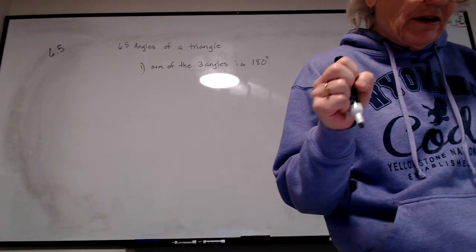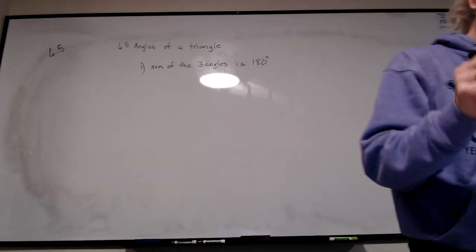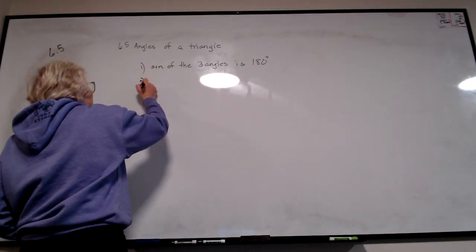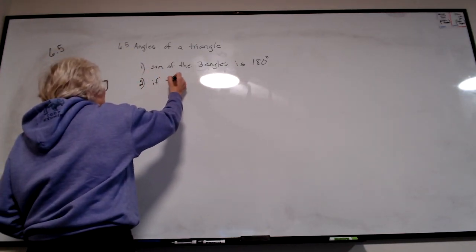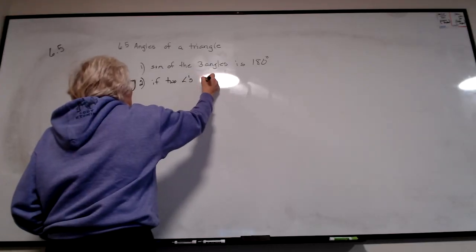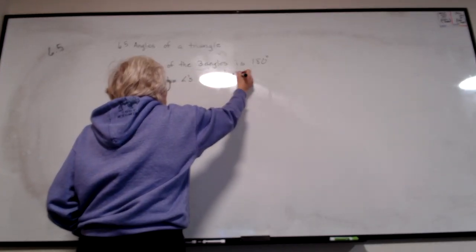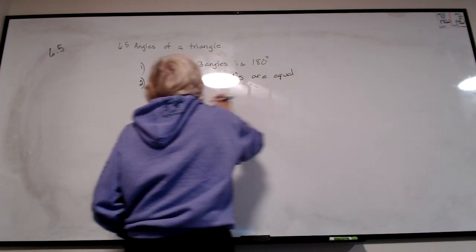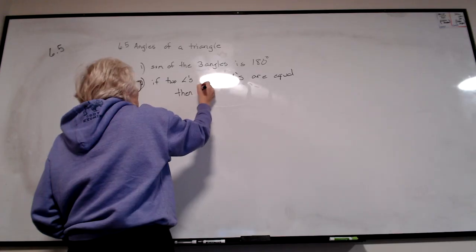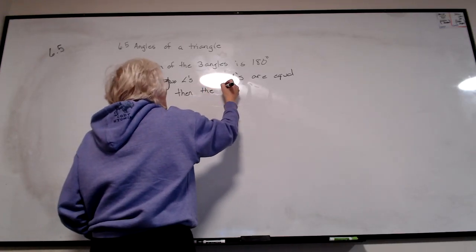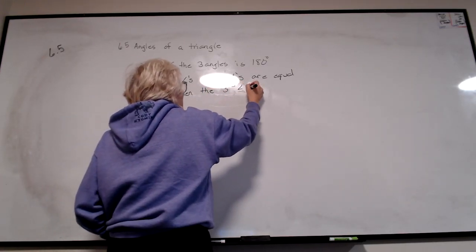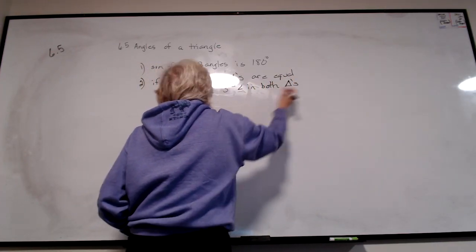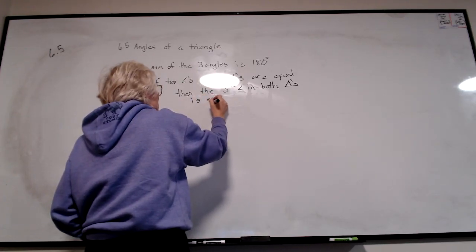If two angles of one triangle are equal to two angles of another triangle, then the third angles are equal. Yeah, that makes sense, right? So if two angles in two triangles are equal, then the third angle in both triangles is equal.